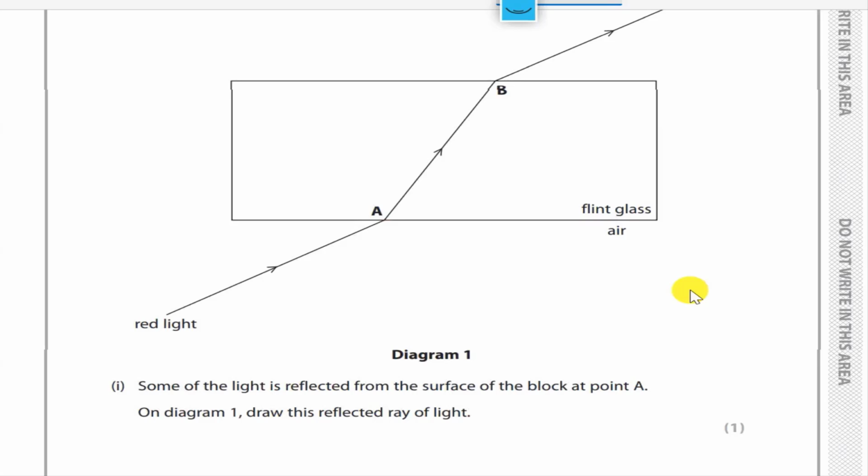Remember, first we have to draw the normal at the point of incidence A. This angle is the angle of incidence and this is the incident ray.